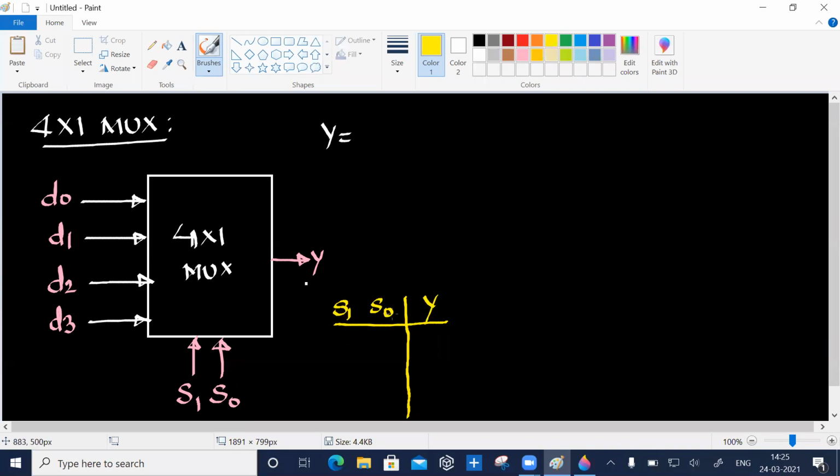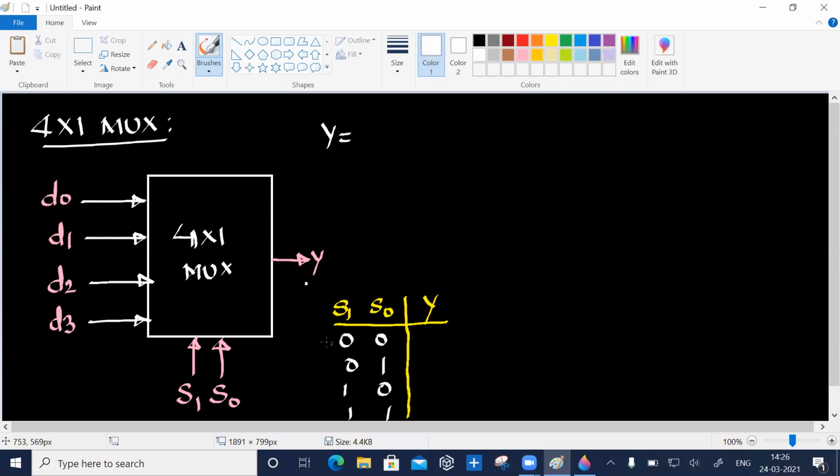So you have 2 select inputs. So how many combinations will we have here? 4. 0 0, 0 1, 1 0, 1 1. Now you tell me, if both select inputs are 0, which input is connected to the output?